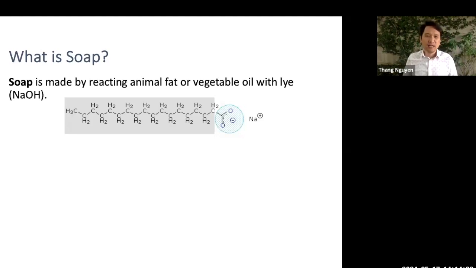And how is it made? It is made, from ancient times to now, by reacting animal fat or vegetable oil with what is known as lye, basically NaOH, which is a base. When you react animal fat or any kind of vegetable oil with a base, you create this soap molecule.